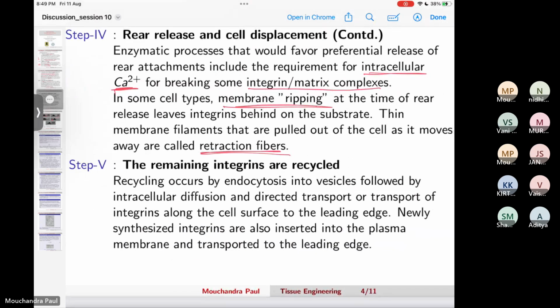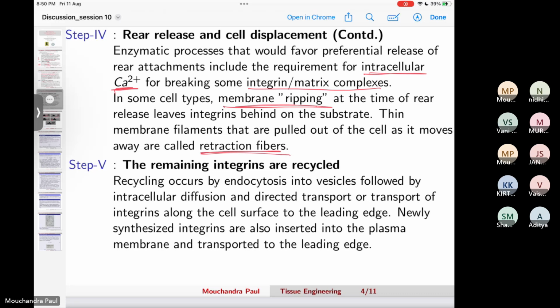The last step, what happens? Suppose in a cell type where this membrane ripping effect is not happening, all the integrin receptor molecules are still intact and bound to the cell membrane. Then recycling of these integrin receptors will take place. The cell is efficient in a way, so as not to waste resources. It does endocytosis to take all the integrin receptors inside the cell, and they are transported towards the leading edge, the front part of the cell.